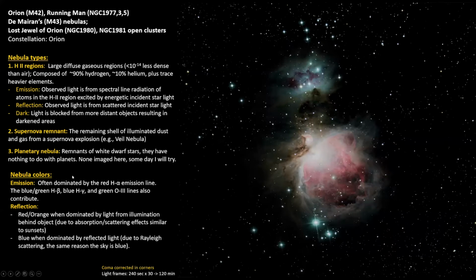In reflection nebulas, and the Running Man Nebula here is a reflection nebula, they are red and orange when they're dominated by light from illumination behind the object. This is due to absorption and scattering effects, similar to the effects that make sunsets look orange and red. And reflection nebulas are blue when they're dominated by reflected light. This is due to Rayleigh scattering, the same reason that the sky is blue.